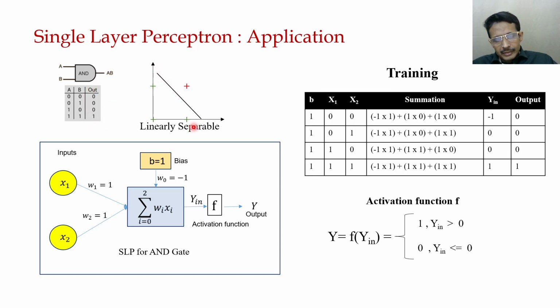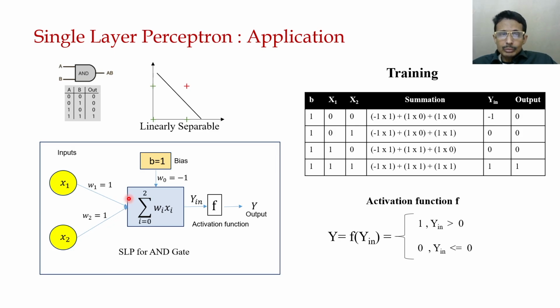Now, in case of training, one thing please be understood: this W1, W2 and W0 we are not going to fix. This is just an application of how the single layer perceptron can implement this. But W1, W2 and W0 are automatically found in the case of training.